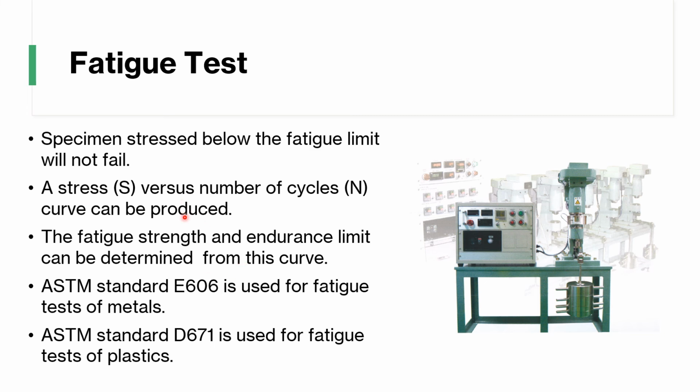Every time you see versus, it is showing this: stress on the y-axis, and number of cycles on the x-axis, and you have some form of a graph. We can use this to calculate the fatigue strength or stress limit.